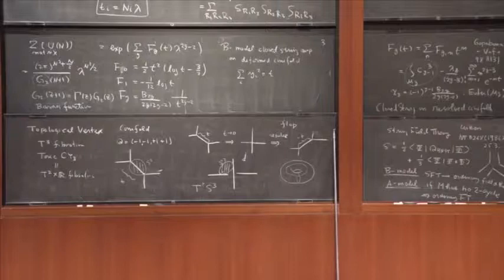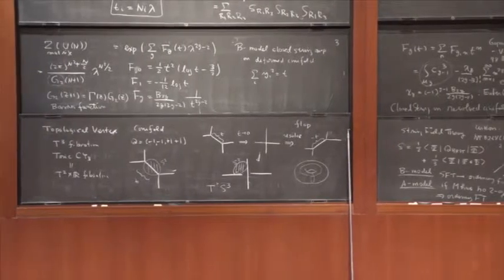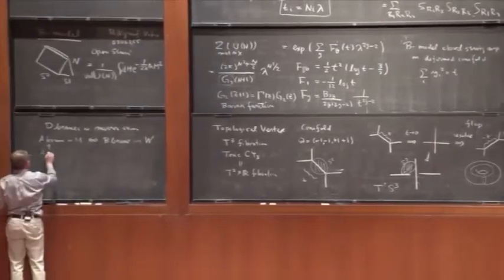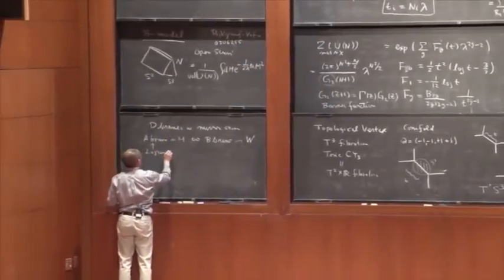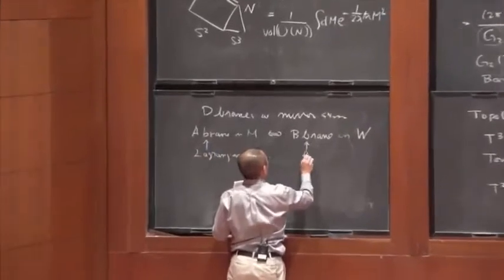So, D-branes with mirror symmetry. If you have an A-brane on Calabi-Yau manifold M, then the mirror should be a B-brane on its mirror pair W. So this is Lagrangian, and this should be holomorphic.